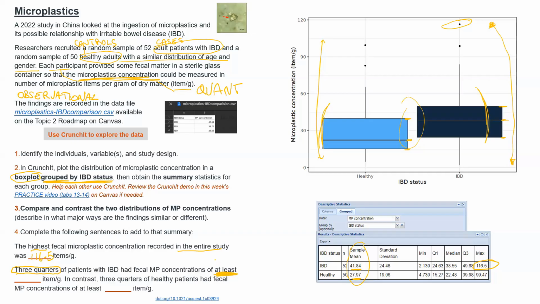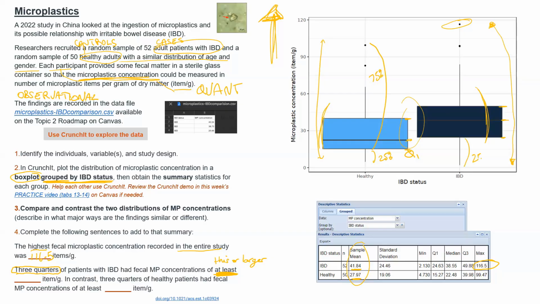That means that we're looking for the 3/4 of patients in each group that have the highest values, which means that what we're looking for here is going to be the value of the first quartile, because the first quartile splits the distribution between the 25% of individuals with the smallest values and the 75% in that group with the highest values.